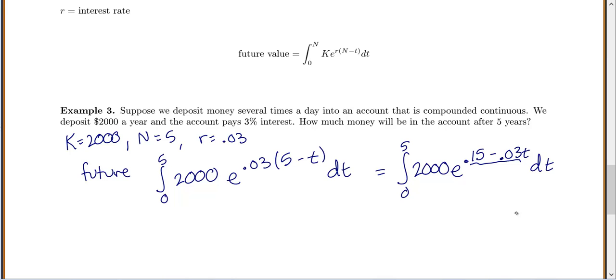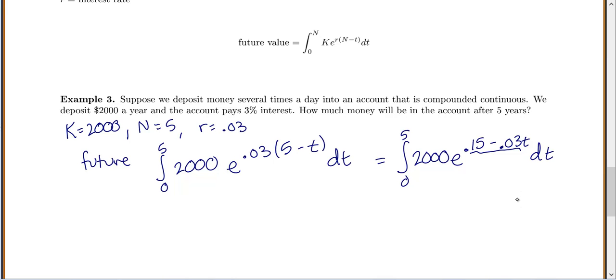Probably not, and we haven't actually learned formulas that would let us do that, but what we can do is use our exponential rules. So this is really the integral from 0 to 5 of 2,000 times e to the 0.15 times e to the negative 0.03 t dt, right?